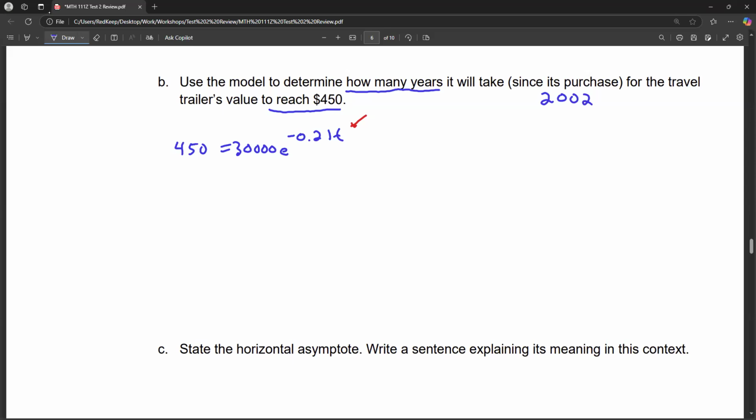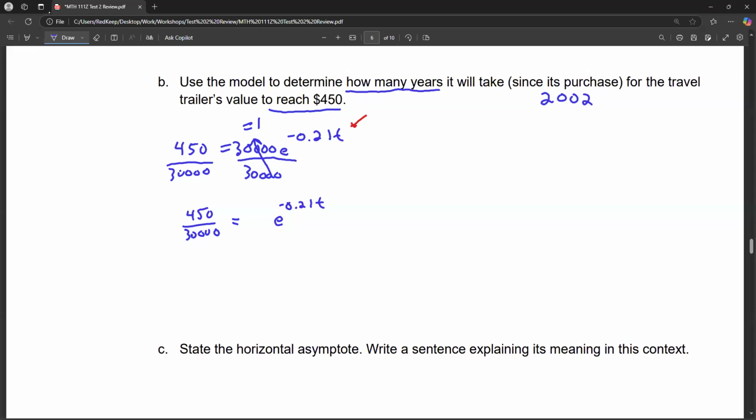We're going to divide both sides of this equation by the coefficient of the thing raised to the power of t, so 30,000. The left-hand side, you can simplify if you'd like; I'll just leave it like that for now. And on the right-hand side, 30,000 divided by 30,000 simplifies to just one, right?